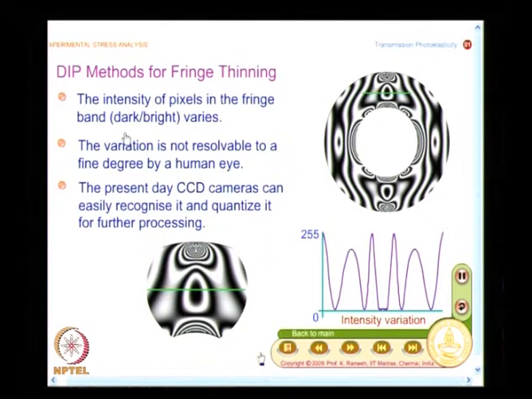So, the point here is the intensity of the pixels in the fringe band varies. The variation is not resolvable to a fine degree by a human eye. The present day CCD cameras can easily recognize it and quantize it for further processing.